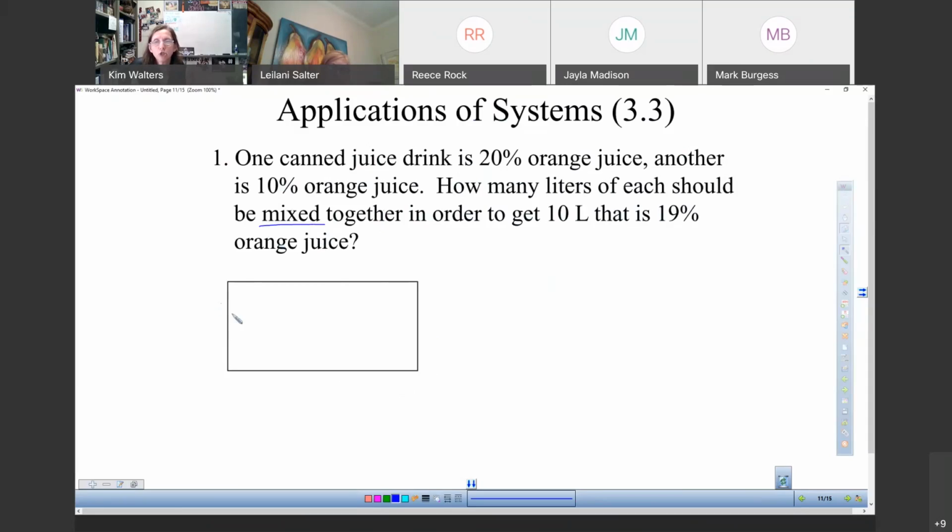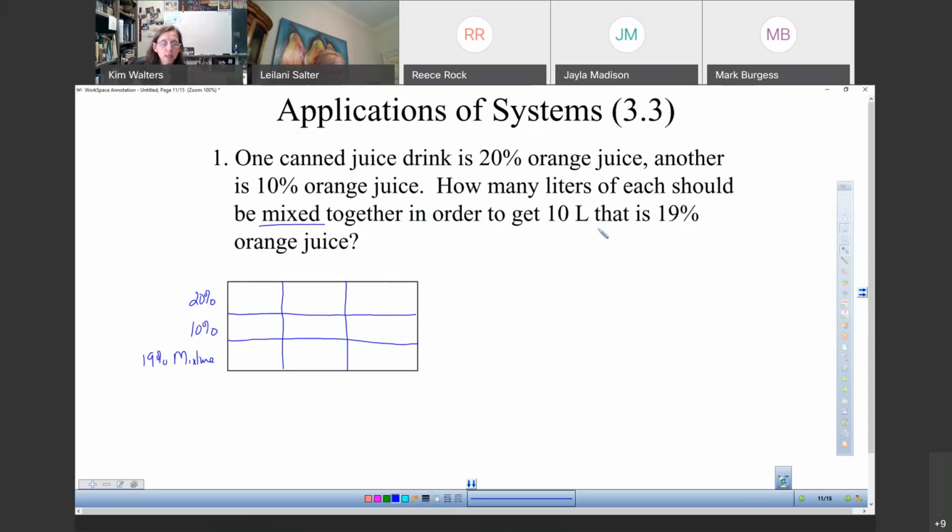And so for my mixture problem, I'm going to have 3 columns, 1, 2, 3, okay? And I'm going to have 3 rows. So here's going to be my first row, second row, and my third row, okay? And so I'm going to have what I start with, which is my 20% juice drink and my 10% juice drink, and then my mixture, which is 19% orange juice, okay?